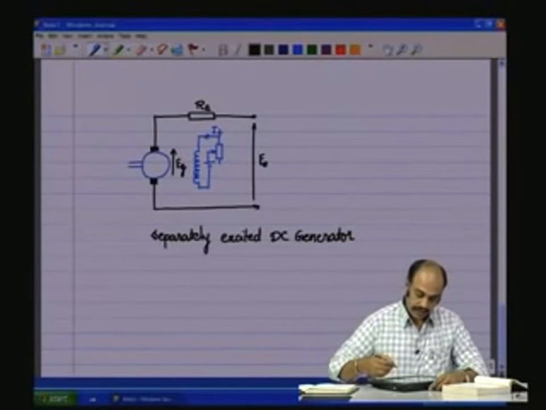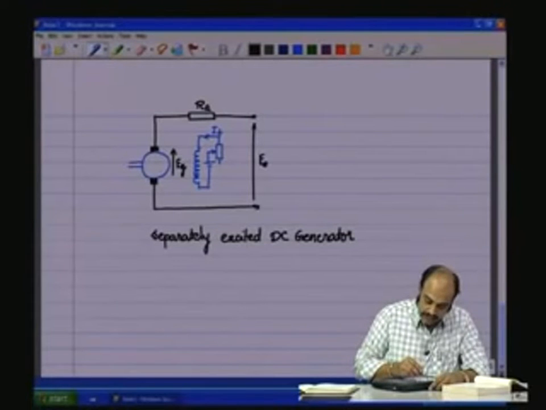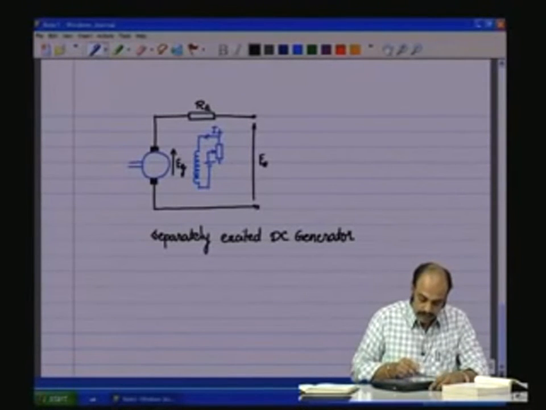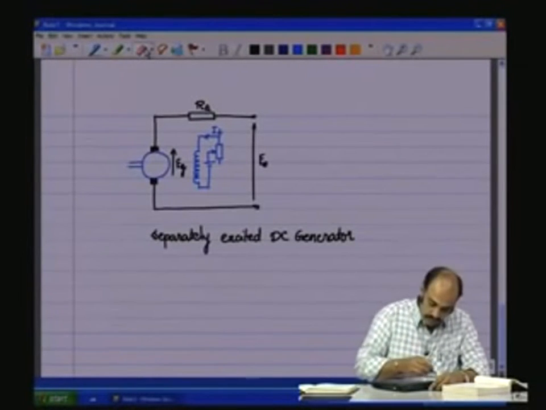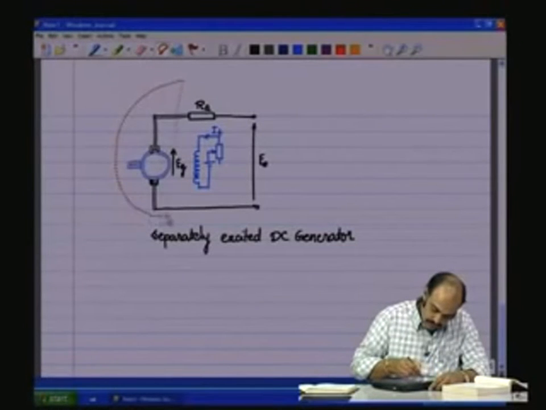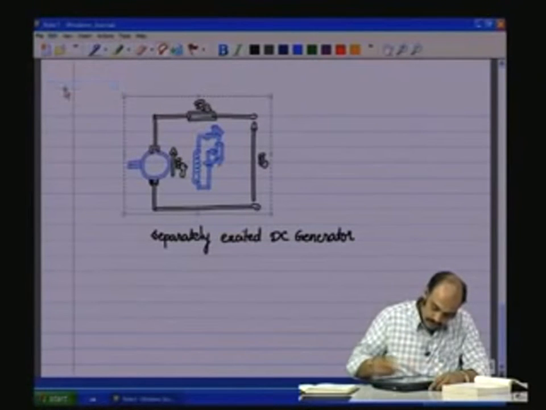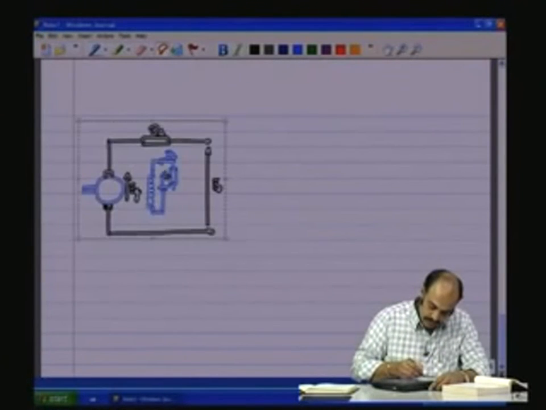Now, the shunt generator is obtained by connecting the field terminals to the terminals of the generator here itself. So, which means we select this, we copy that, go to the next page and paste it here.